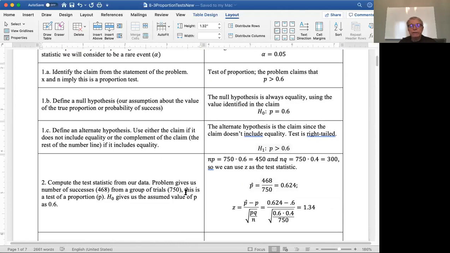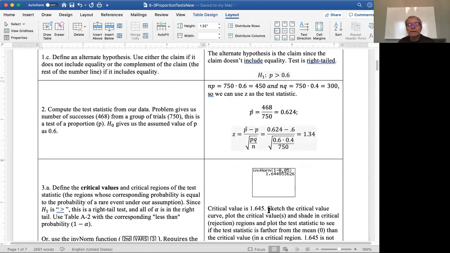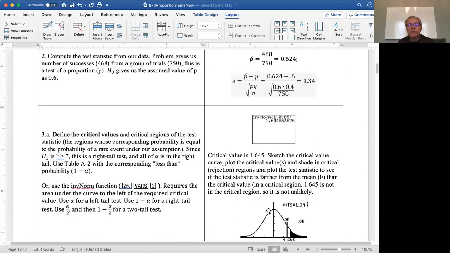We take the information from the problem, and we take the assumed value of the parameter P, which was 0.6, and substitute that into the formula for Z, which is the test statistic formula for a test of proportion. We discussed that before as well. And then we looked at critical values.